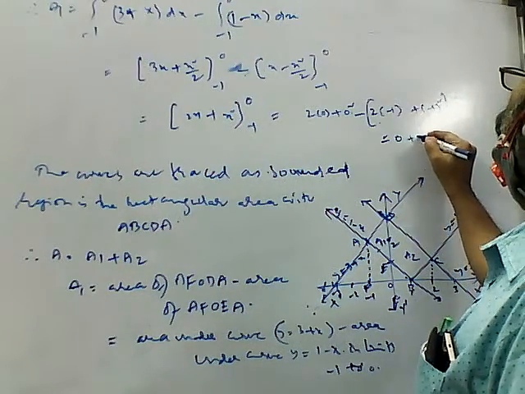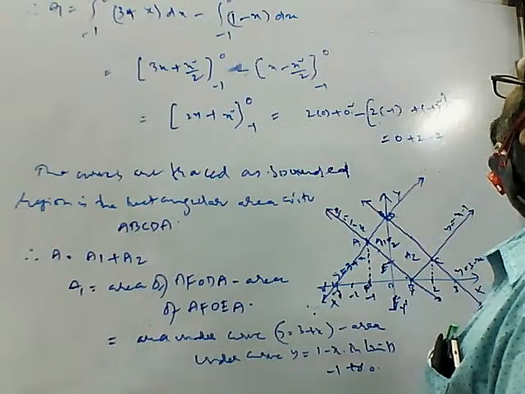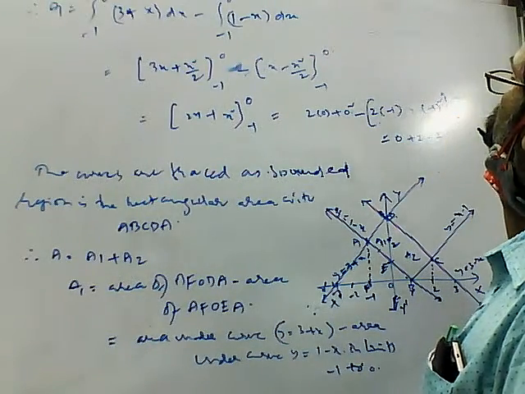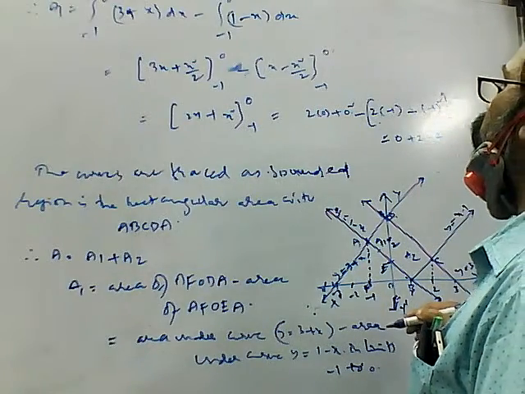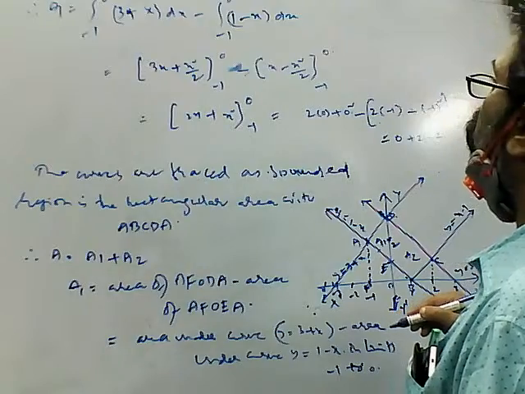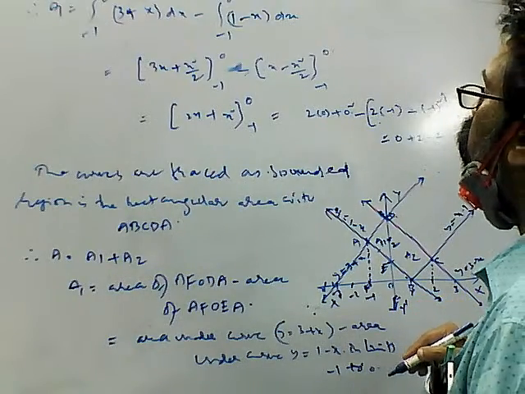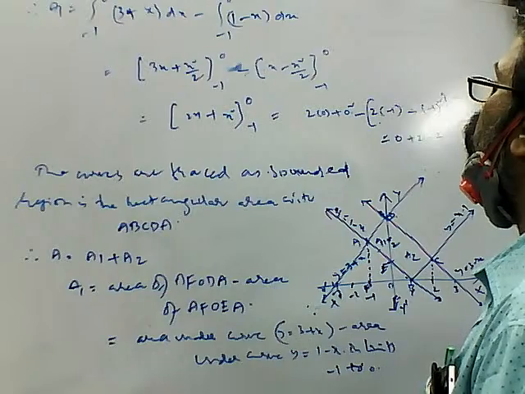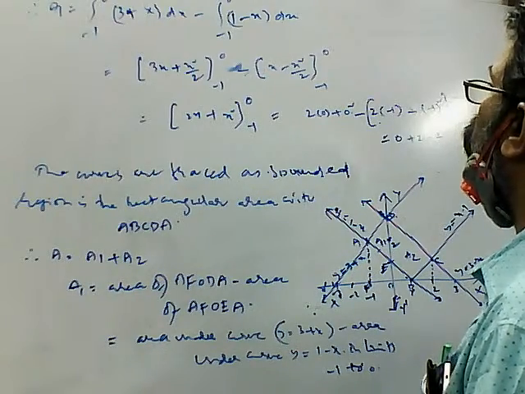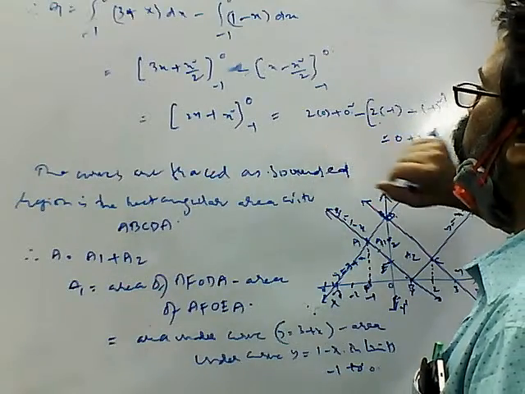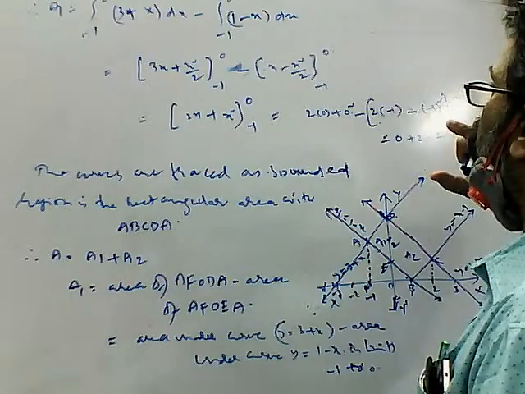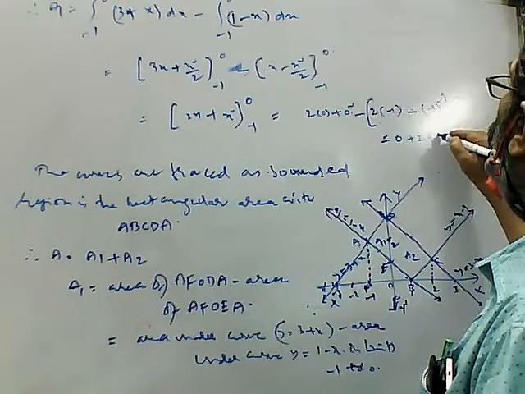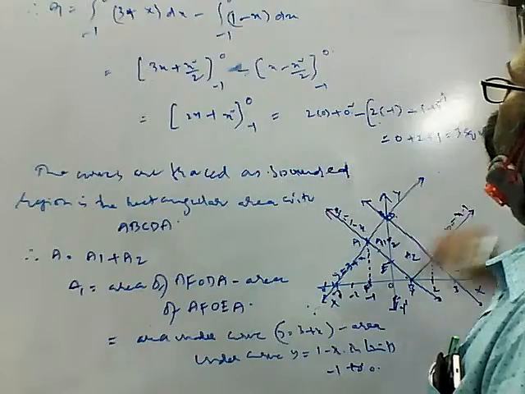That is equal to 0 plus 2 minus 2. It is equal to 3 square units. Right?